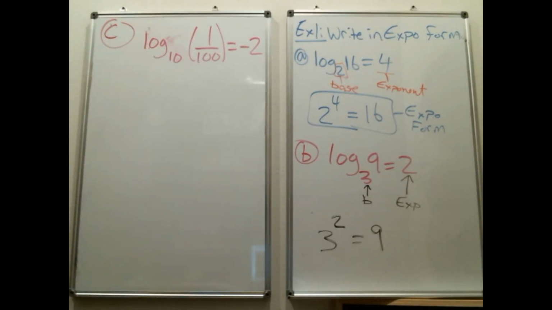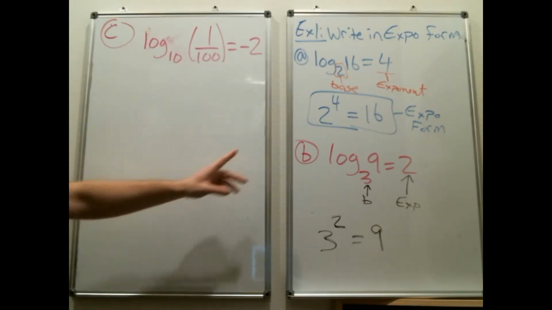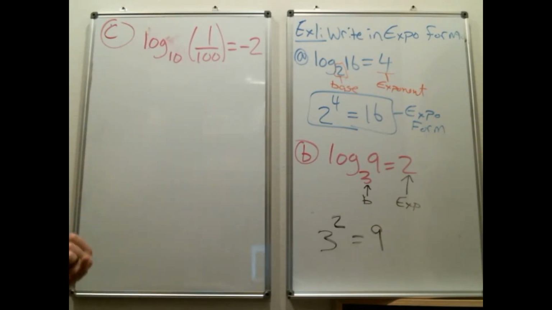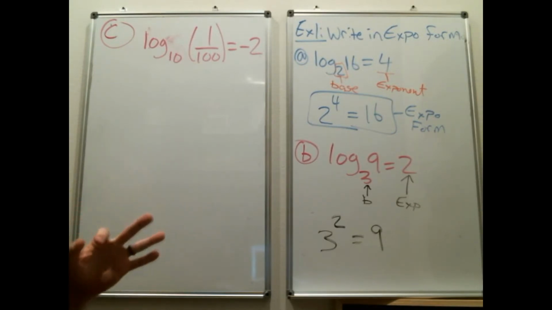So this one, I'm throwing you a little curveball by giving you 1 over 100. But treat this exactly the same as you did part A. You need to identify your base and you need to identify your exponent, and then everything else falls into place.